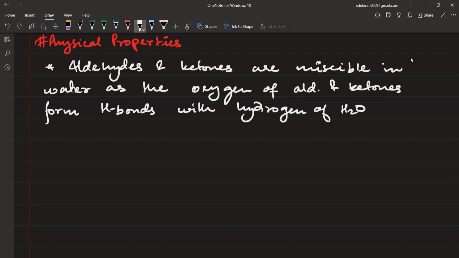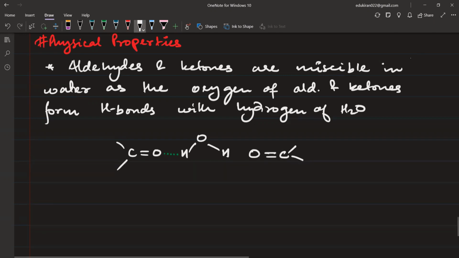Both the aldehydes and ketones have C double bond O, right? You will have some groups here. Water has two hydrogen atoms attached to oxygen, and this hydrogen is going to have delta positive, and then this oxygen is going to form a hydrogen bond with this hydrogen. Similarly, you can have hydrogen bonds with other molecules also.